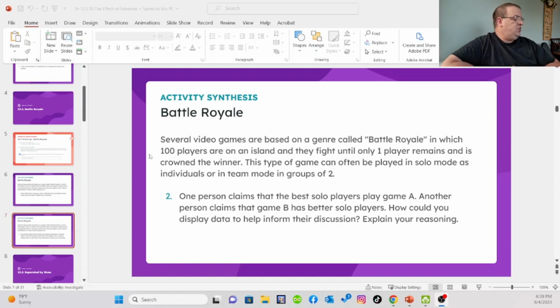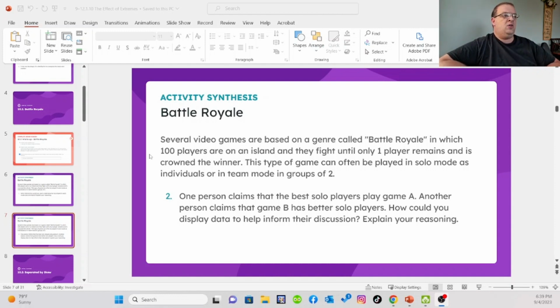But in number two, you're saying in a make-believe scenario where you have game one or game A and game B, what kind of data that we've talked about could you make a visual display of that would allow them to come to a conclusion as to which game they think has better players?